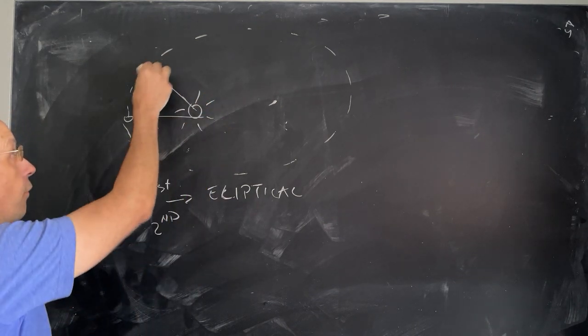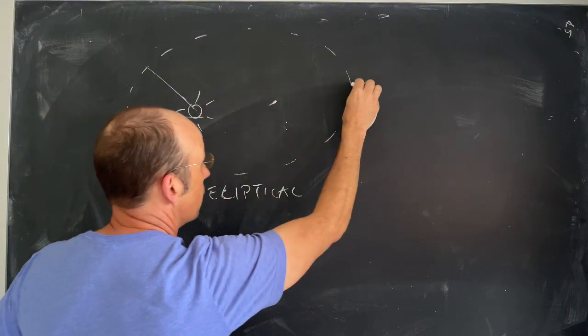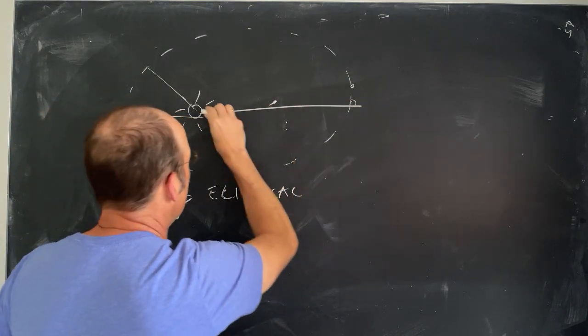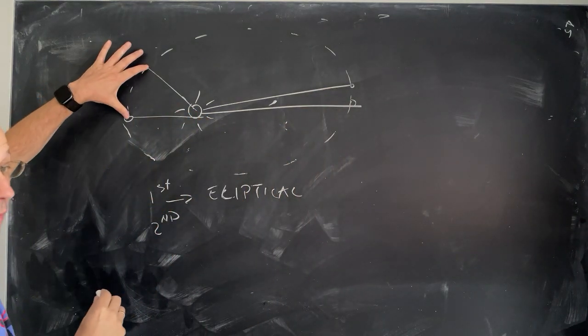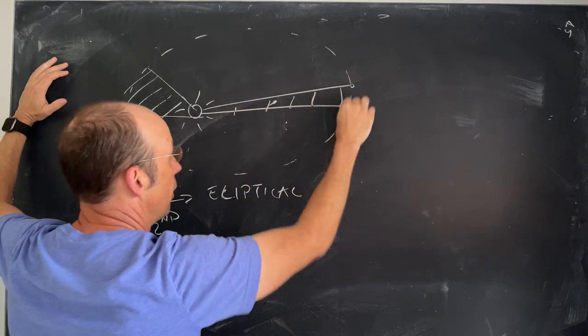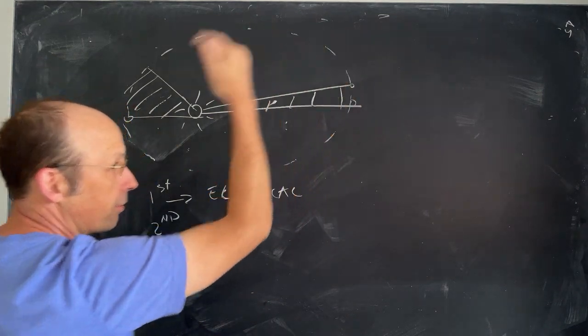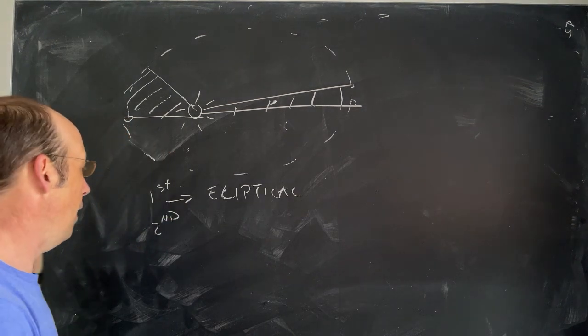So it's going to go faster here, and we'll show that later. And over here, they're going to go slower. So what he has is this equal areas, equal times thing. In the same amount of time over here, this area of the orbit is equal to this area of the orbit. So it's longer, so it's going to be skinnier, it's not moving as fast. I know, it's hard to see that.